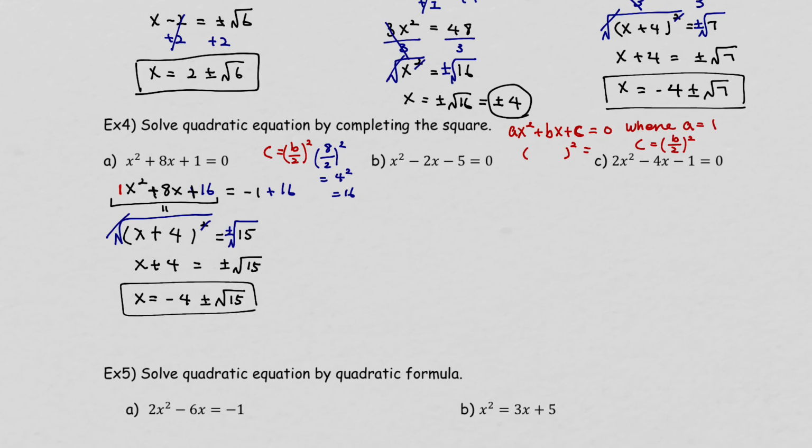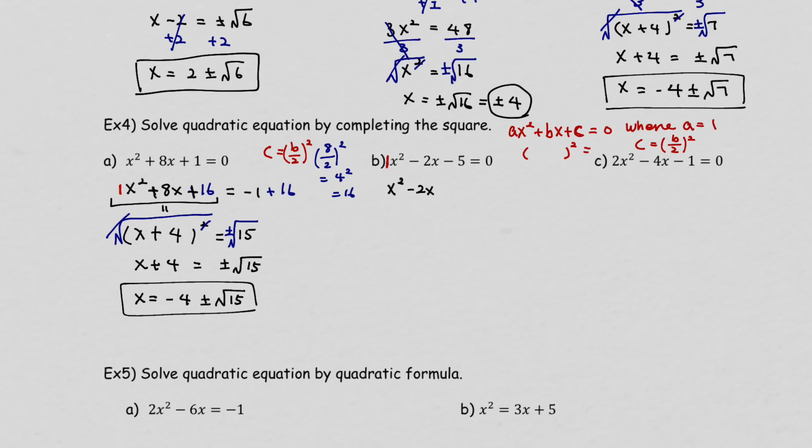I'm going to try one more, similar to that one. So again, your leading coefficient has to be 1. That's satisfied. And you cannot keep c. Your c has to be (b over 2) squared. That's the formula you need to memorize in order to use completing the square.